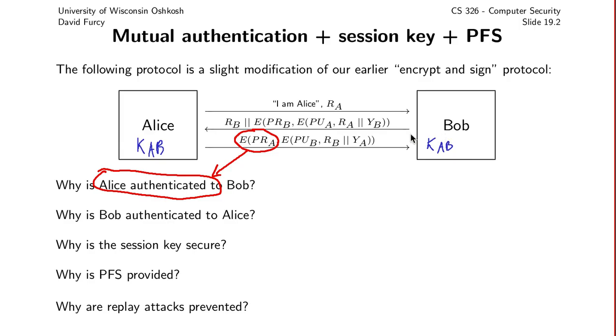So when Bob decrypts it using Alice's public key, he will be able to check that she did send him back his challenge as part of her response, and therefore it will have authenticated Alice.